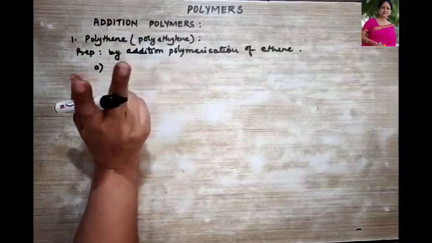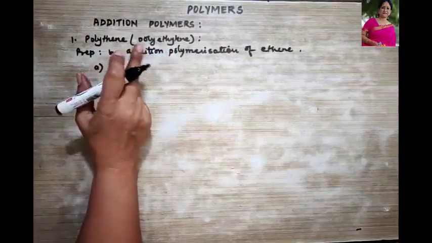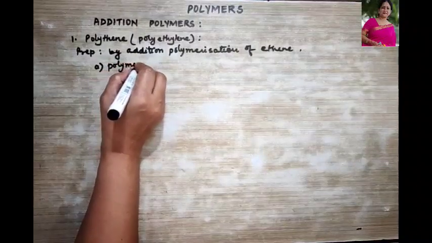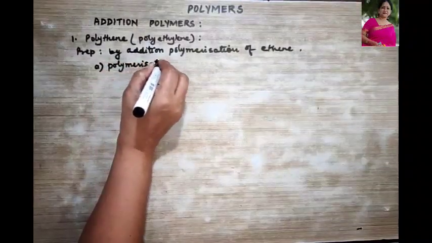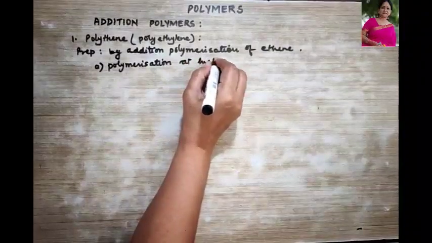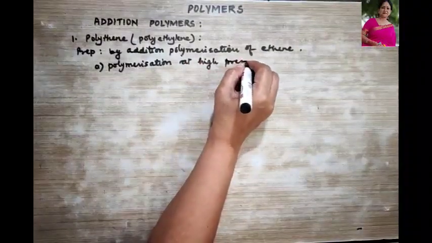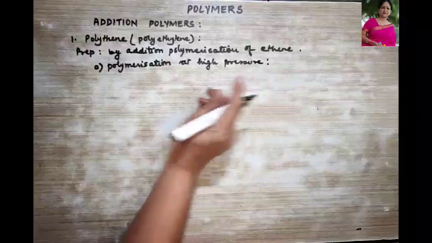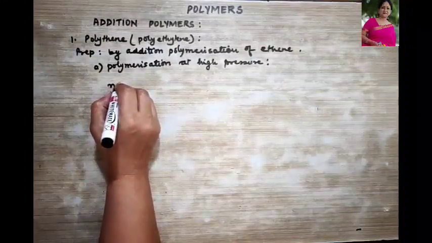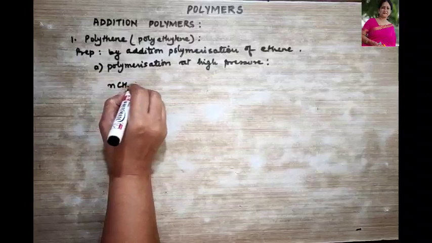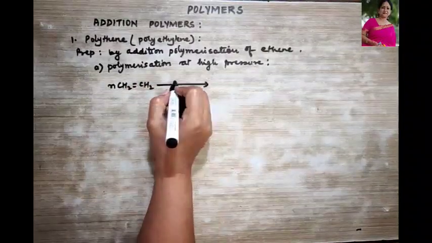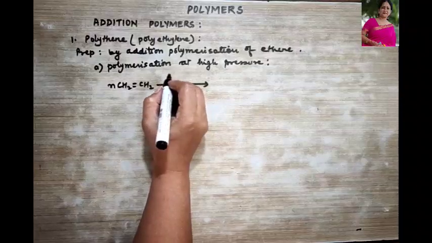Firstly, by polymerization at high pressure. So when ethene or ethylene, that is CH2 double bond CH2, is polymerized at high pressure.